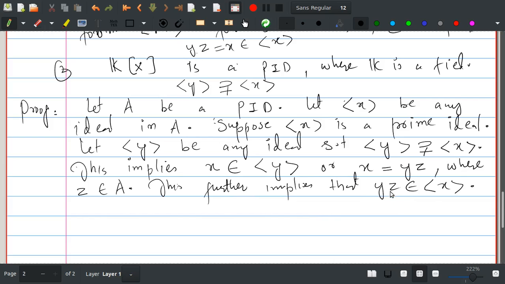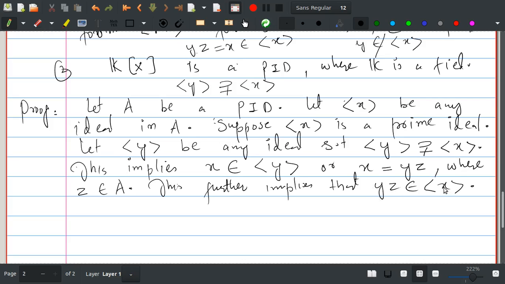So now we are going to use here the fact that this ideal is a prime ideal. One should note here, since this containment is proper containment, that means Y cannot be an element inside the ideal X. So since YZ is there, it follows Z is there, because this ideal is a prime ideal. If the product is there, one of them has to be inside the ideal.